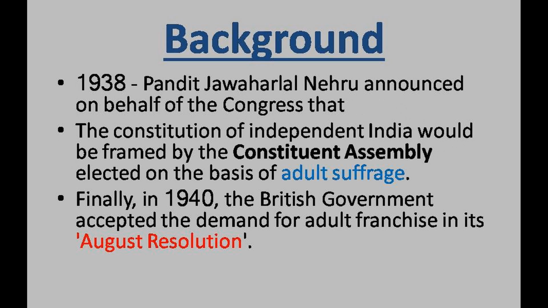In 1938, Pandit Jawaharlal Nehru announced on behalf of the Indian National Congress that the Constitution of Independent India would be framed by the Constituent Assembly elected on the basis of adult franchise. Finally, in 1940, the British government accepted the demand in its August resolution.